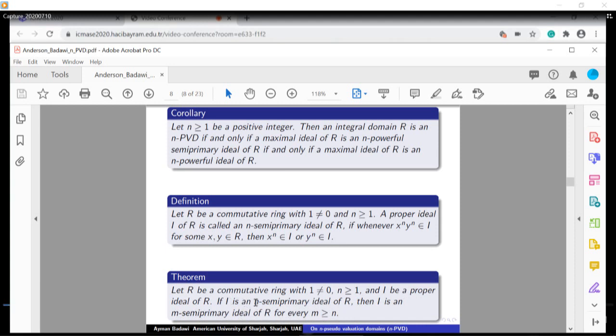So if I is a 3 semi-primary ideal of R, then I will be a 4 and 5 and 6 and so on semi-primary ideal of R. This is like an isolated result, because in that paper, in fact, in the first section we study this class of ideals. But in this talk, I'm not going to talk about that.